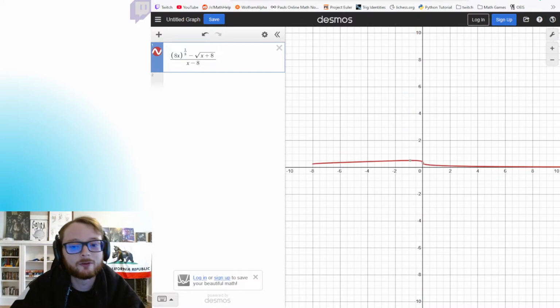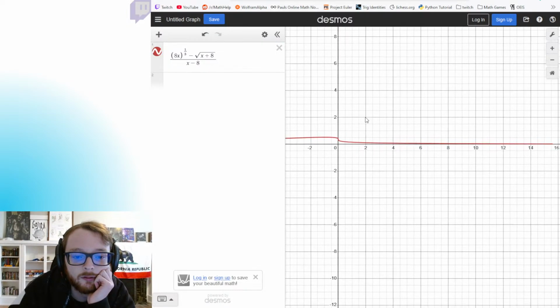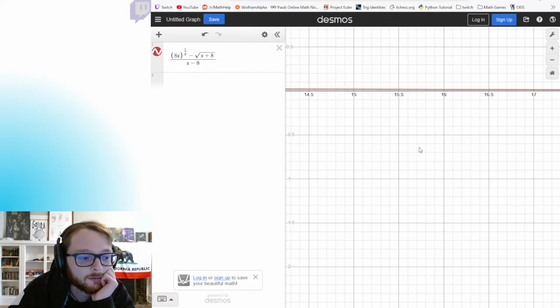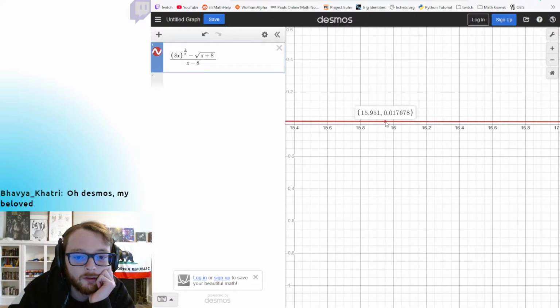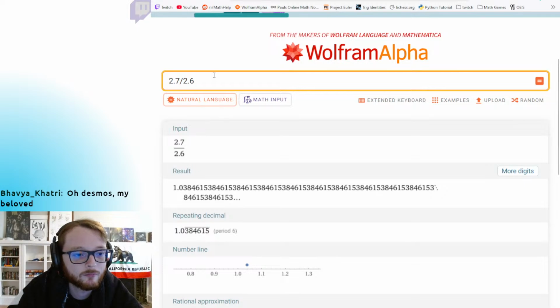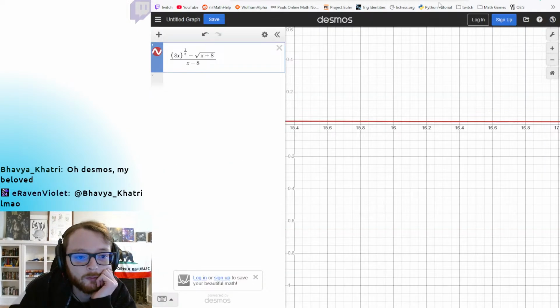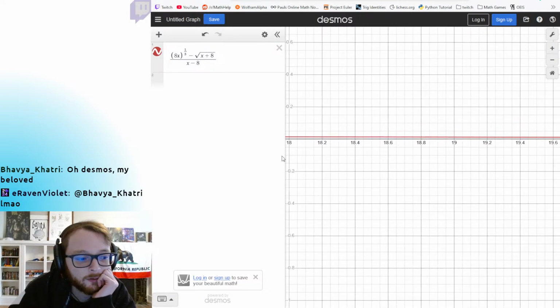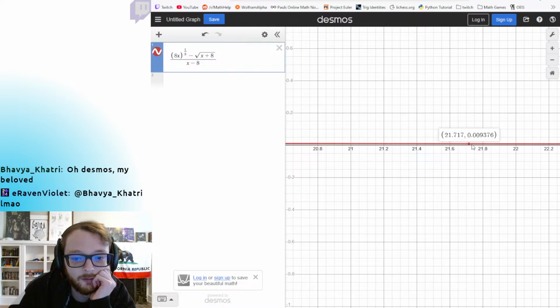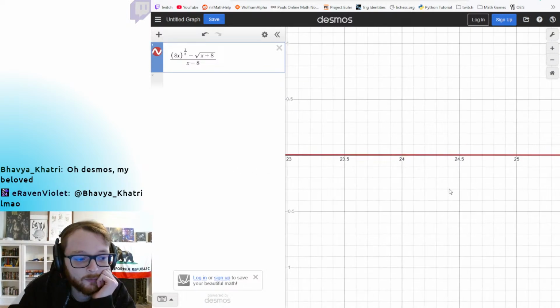We haven't even graphed it. It's an interesting looking function. One over 24, that's... I feel like I should know how to estimate that in my head, but I don't. 0.04. Yeah, we're way below 0.04. This thing is going to 0. It must be a mistake in the book.